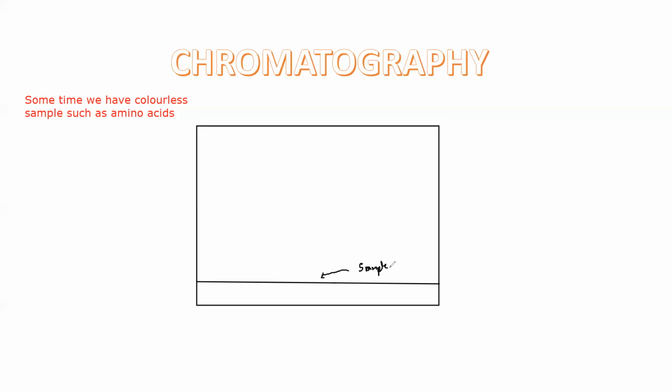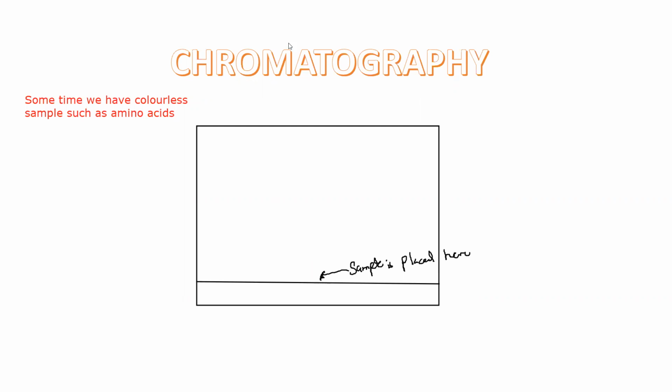That part is just not visible or not colored. So what do we do in this case? If a sample is a colorless substance and we place it here, we cannot see it.